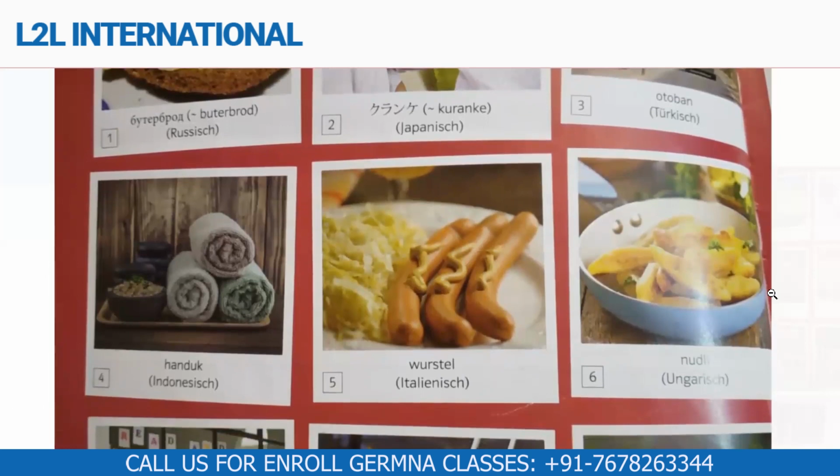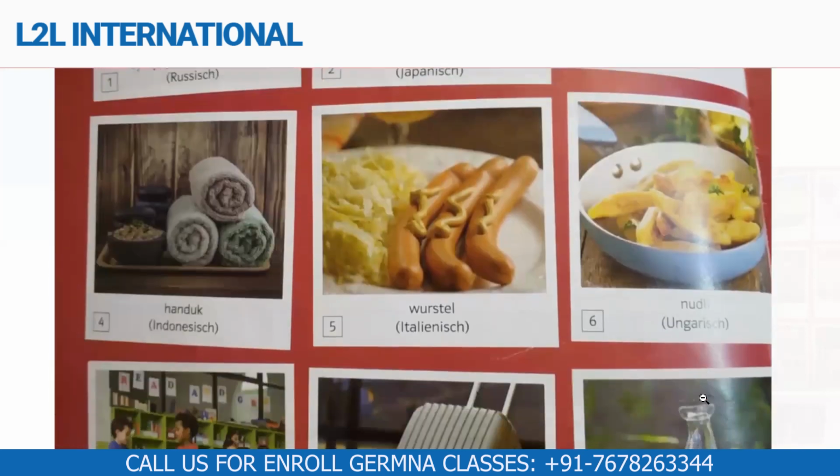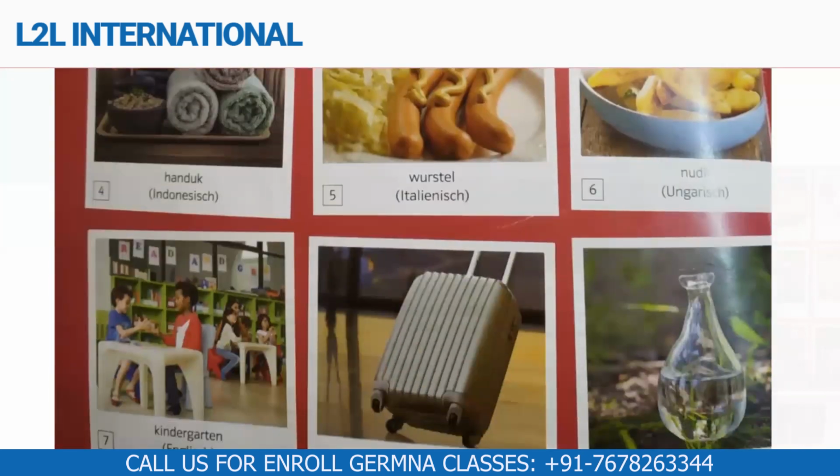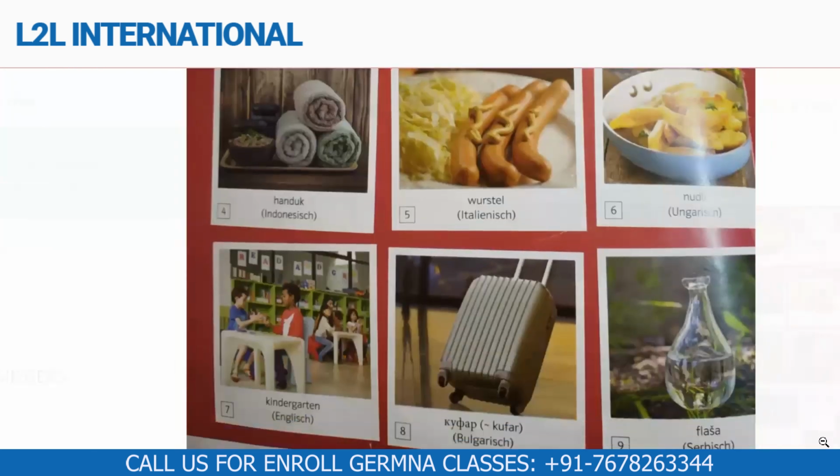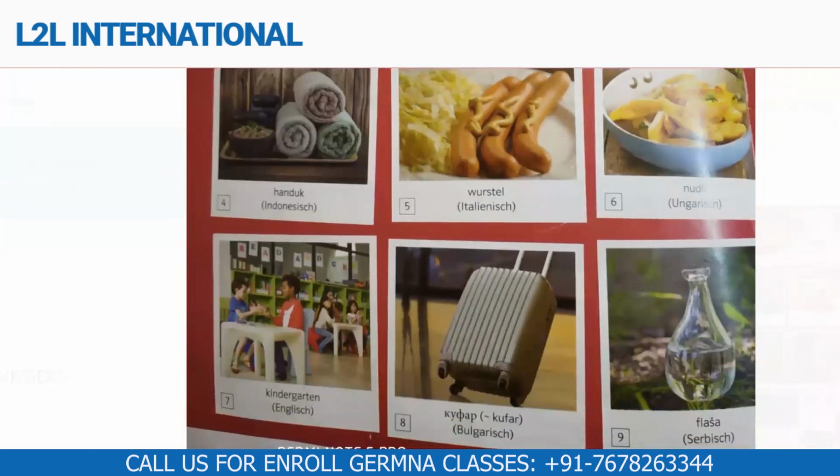What is this? Any idea? Fries. Okay, fries. Fine. Not exactly it, but okay, let's see. Now, what do you think number 7 is? What is Nummer 7 here? Kindergarten. It's kindergarten.